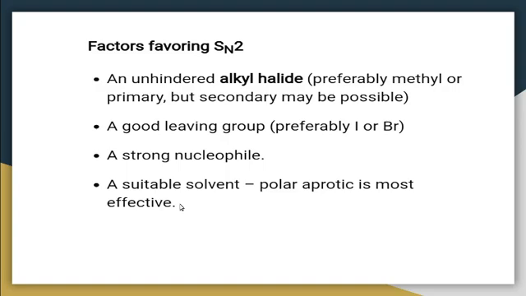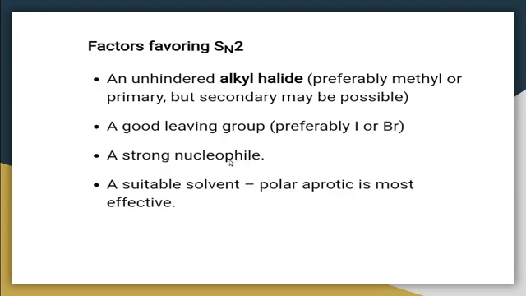We already discussed that polar protic solvents do not favor SN2 reaction because they form a sheath around the nucleophile, so the nucleophile will not be easily exposed to the substrate. A polar aprotic solvent will not form a sheath around the nucleophile, so it can increase the SN2 reactivity.